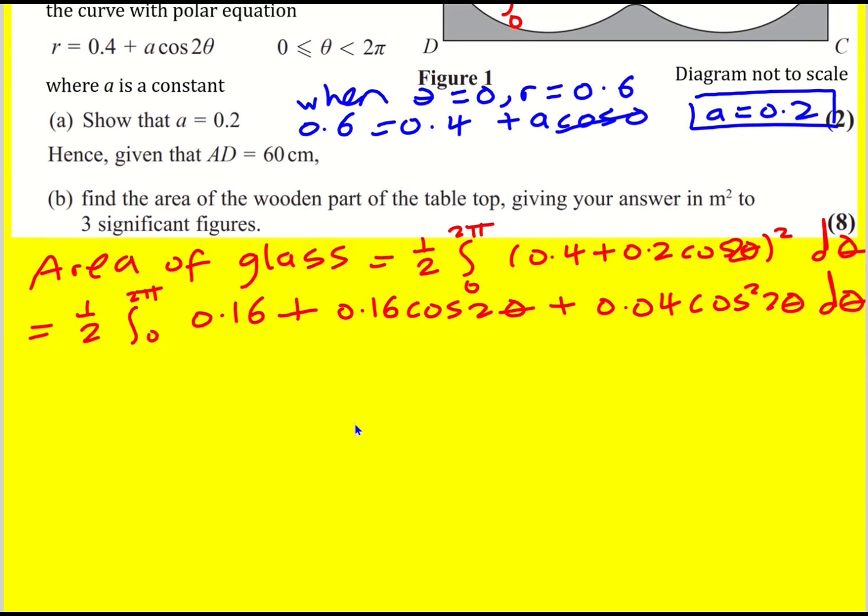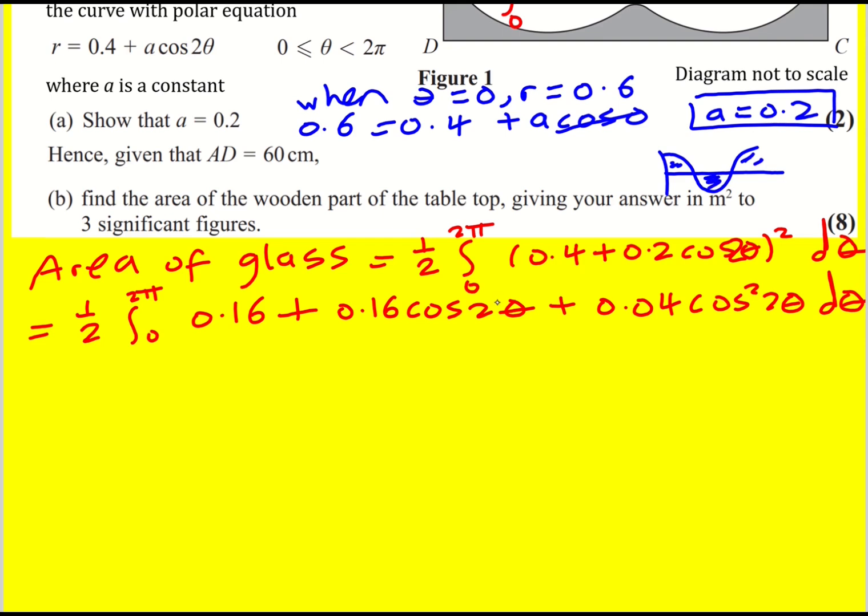There's something you can do now which will save a little bit of time. I don't think the mark scheme mentions it, but I feel like it should be valid. If you integrate cos theta, or sine theta, between 0 and 2 pi, or over any period of 2 pi, you'll always get 0 because the positive part cancels out with the negative part.